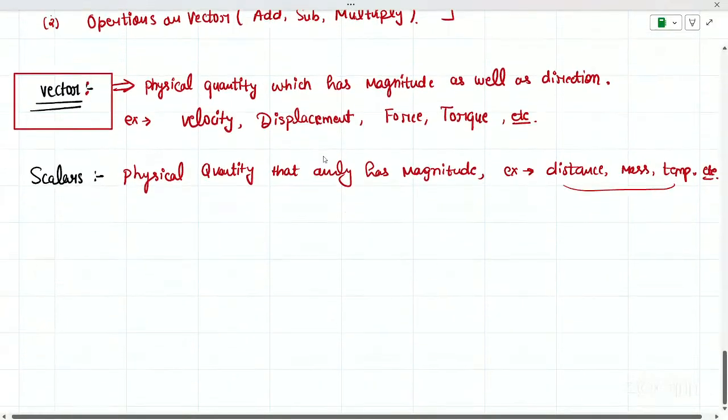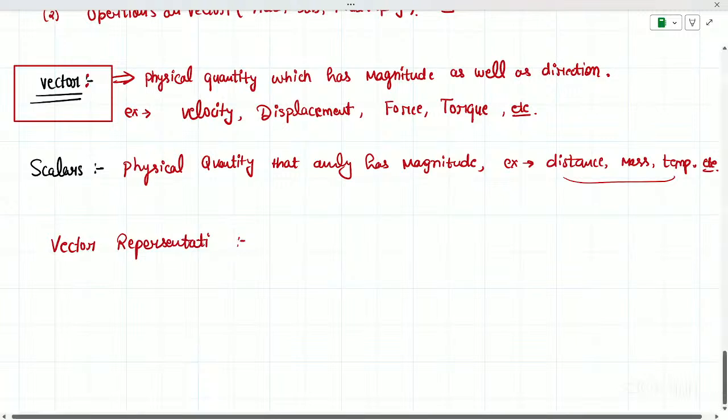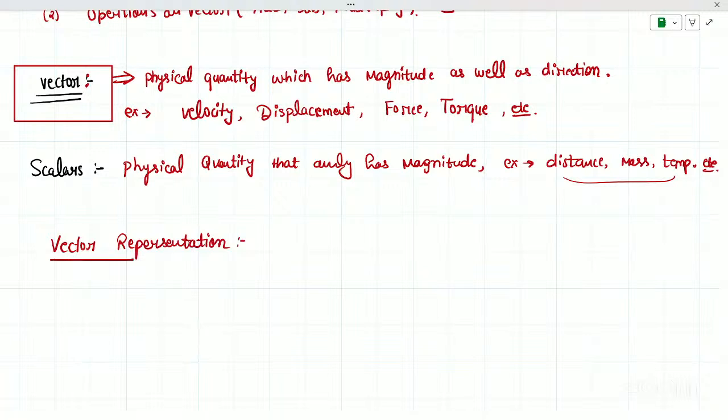Now, if we dig down more into vectors, vector representation is the next topic. Now, we will define the vector with an arrow symbol. It's like this.